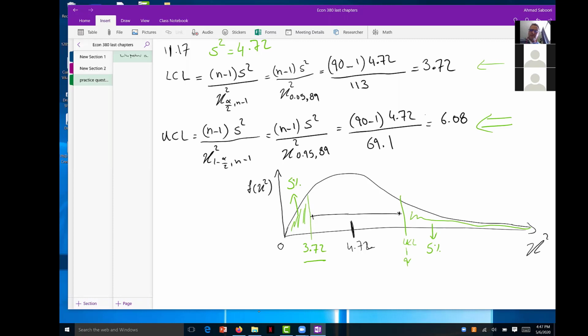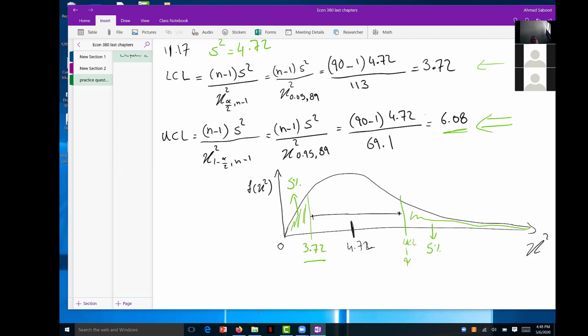And that's exactly what I have here, 69.1. I do the math and calculate, and what I get is 6.08 for the upper confidence level. So with 90% probability, the variance of the population is between 3.72 and 6.08.